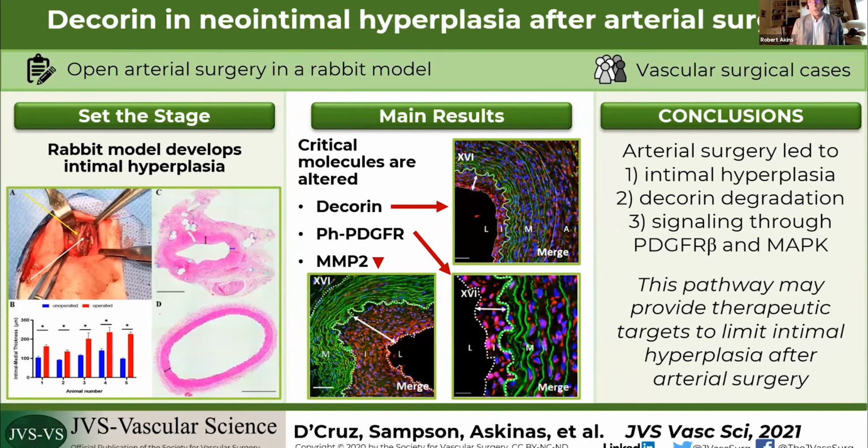And then phospho-PDGF receptor beta was upregulated in the intimal zone, as was phospho-MAP kinase. So the pathway that was illuminated by this links the intimal hyperplasia in the surgical model with Decorin degradation and signaling through the PDGF receptor beta pathway and MAP kinases.